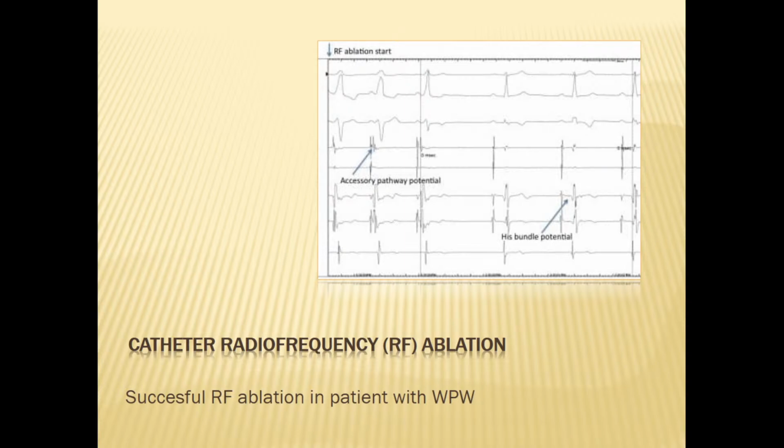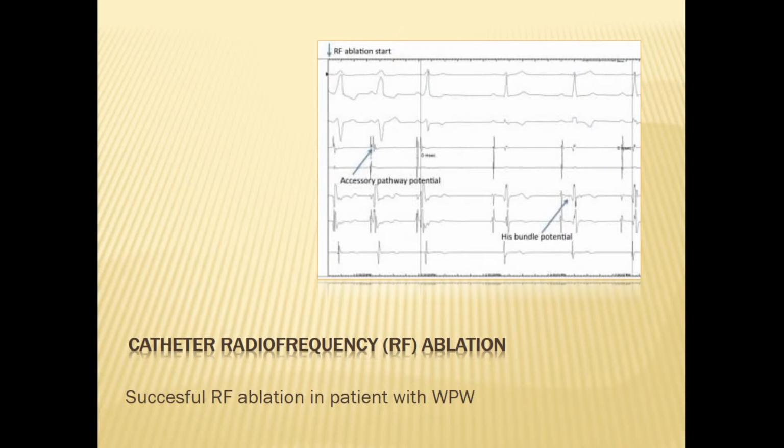We place electrodes in the position where the accessory pathway is present, send energy, and cause destruction of the additional pathway, and now after it the ECG became normal. It is difficult for you to check intracardiac ECG.